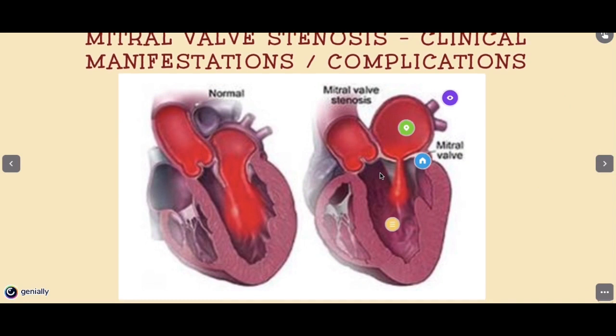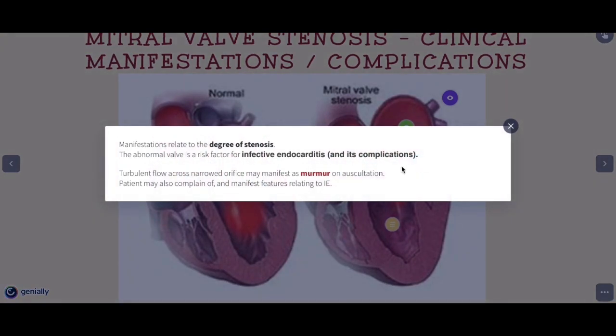So what are the clinical manifestations and complications of mitral valve stenosis? So this is a normal heart where the blood should flow from left atrium into the left ventricle. In mitral valve stenosis, there is a narrowing of the orifice of the mitral valve, and this gives rise to several manifestations which relate to the degree of stenosis.